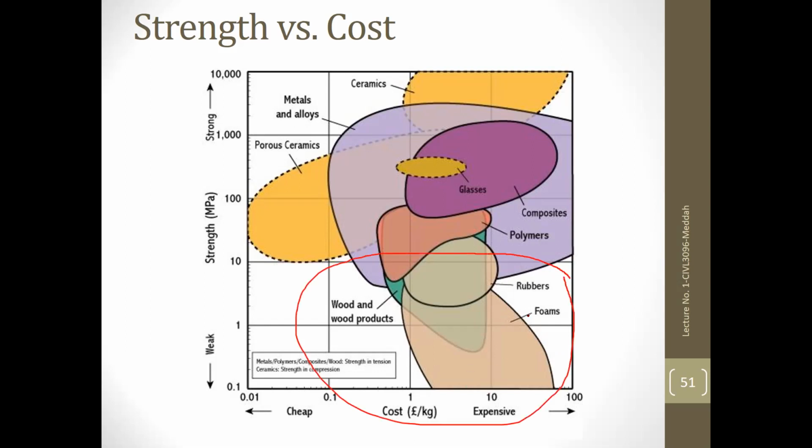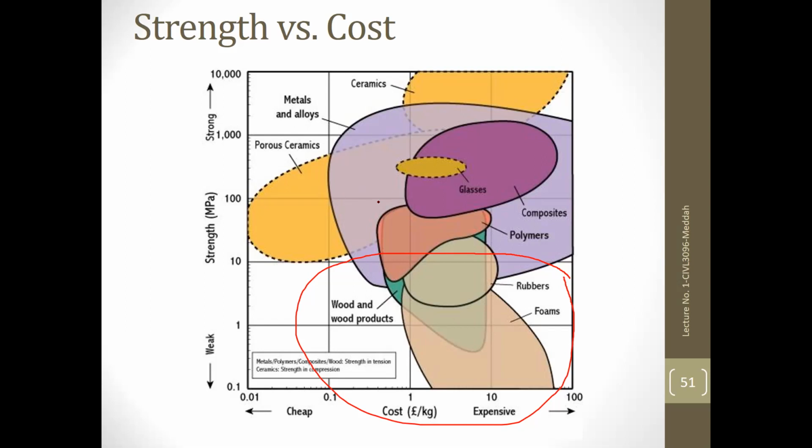These polymers, foam, rubbers, and wood have low strength, but they are somewhat costly materials. Not all polymers are costly, because plastics are very cheap. But some specific polymers are costly because they have other properties, not only strength, because strength is not the only property, but strength, as you know, is the main property.